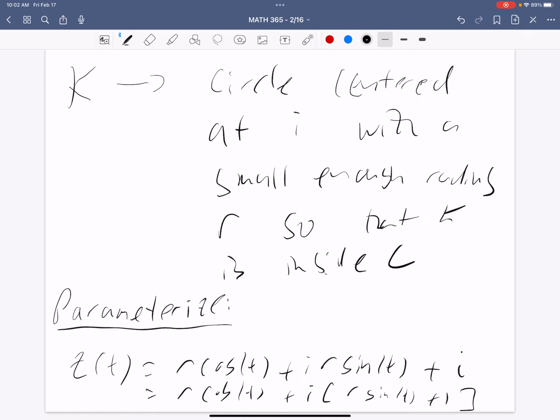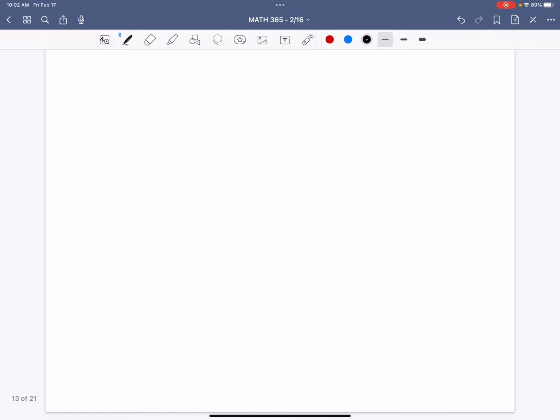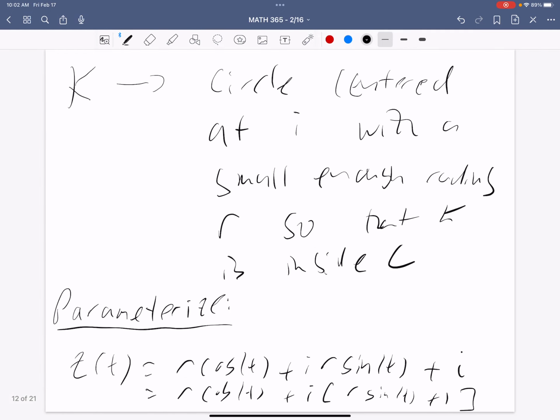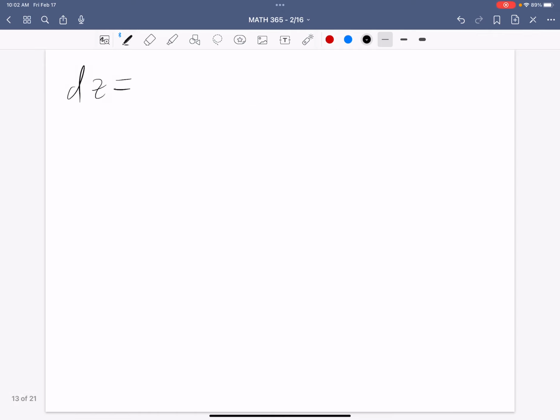Now if I do that, let's compute the dz. The derivative of this is business as usual, because the derivative is with respect to t, so I'll pick up negative r sine, and here I'll pick up plus i r cosine, and i has nothing to do with t, so it's gone. So we'll have negative r sine of t plus i r cosine of t.